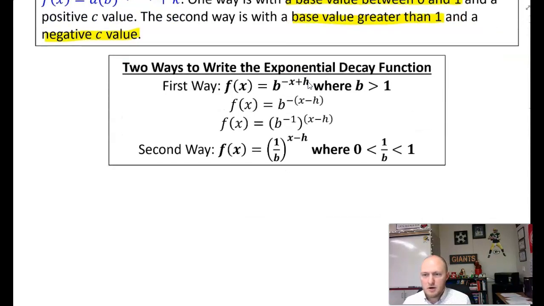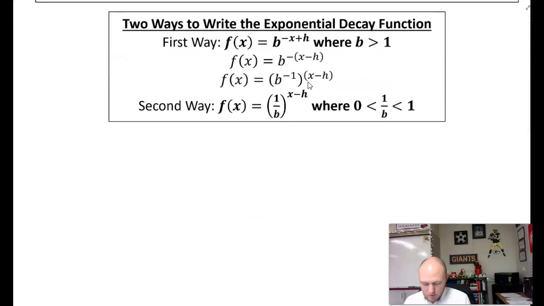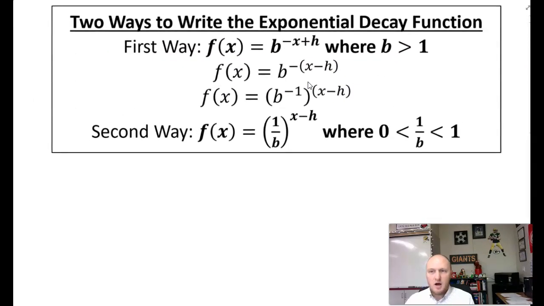Now here are just some examples in analytic form of how we can write our exponential decay function. So the first example is with a base value that is bigger than 1. You'll notice that we have a c value of -1, and that causes horizontal reflection.